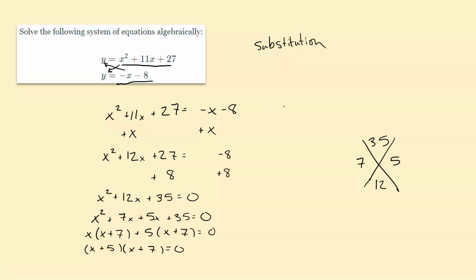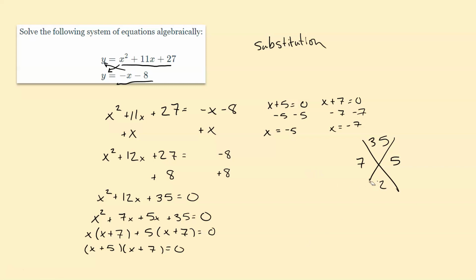Now we want to set each of those factors equal to 0 separately and solve them for x. So we have x equals -5 and x equals -7.